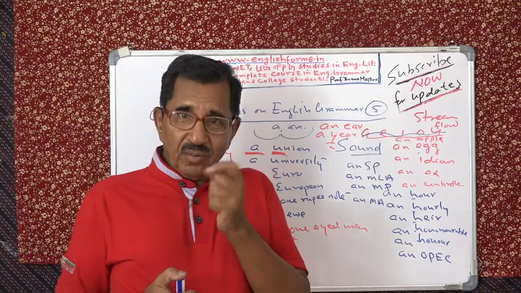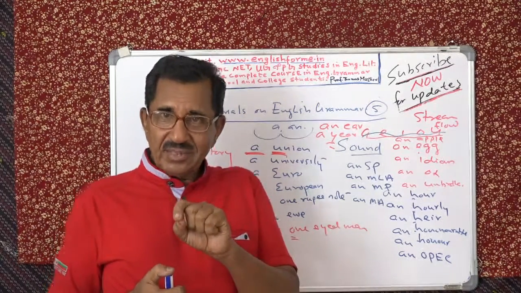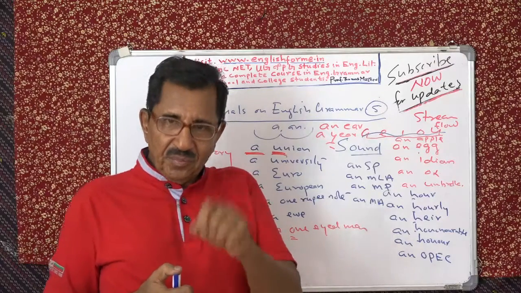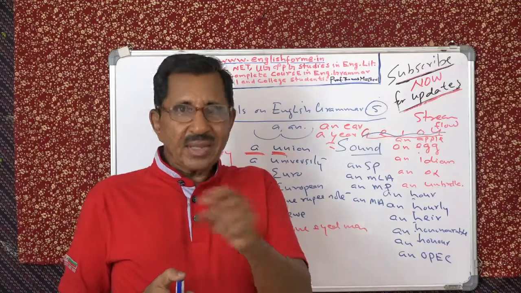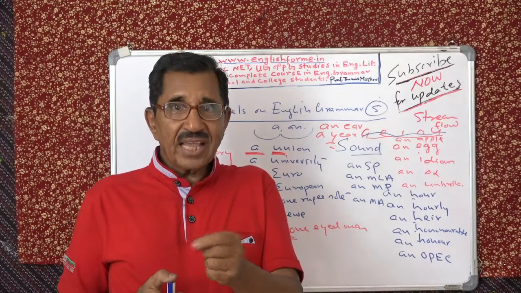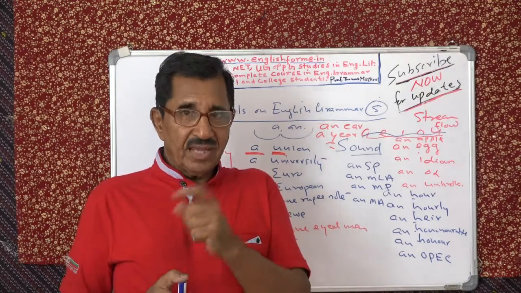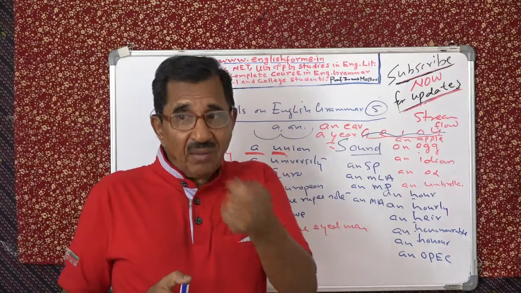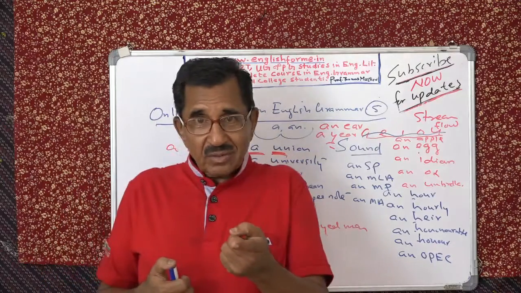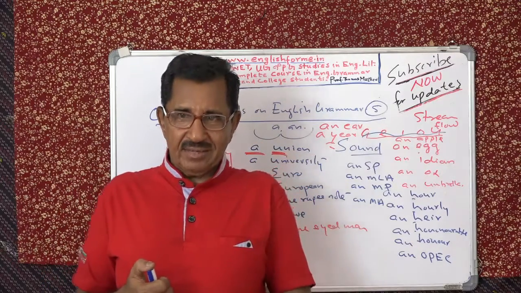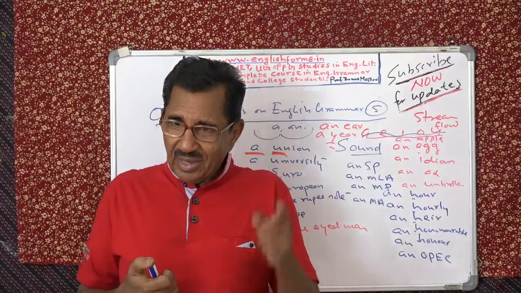You go to an Olympics, you go to Olympic Games, an Olympic game with a 1 rupee note. An Olympic with a 1 rupee note. An Olympic to a European country.